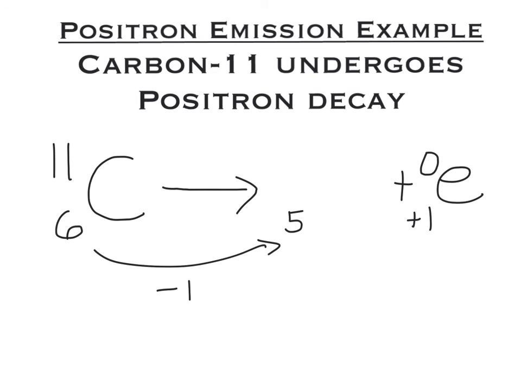That gives us 5 for our new atomic number. The atomic mass will not change, and 5 leaves us with boron. So boron 11 is the new element created from this nuclear decay. Remember, for positron emission, we take a proton and make it a neutron and a positron. The positron gets kicked out, and we're left with a new isotope of boron.